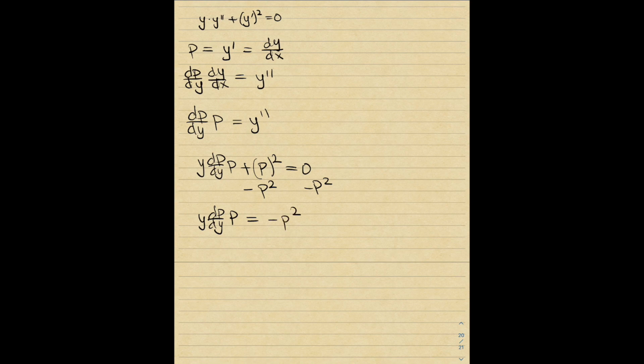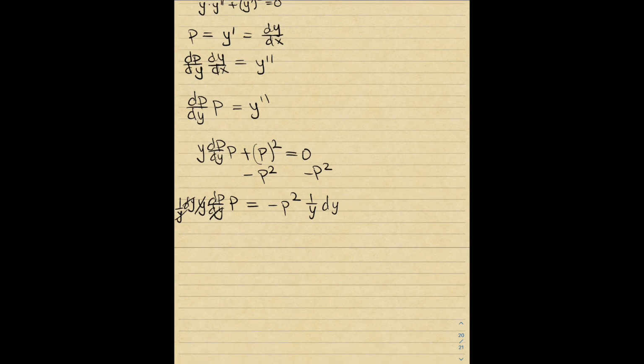We're going to multiply 1 over y times dy on both sides, which will cancel the y and dy. So both these will cancel out. So we end up with, we're going to put p in the front this time, dp equal to negative p squared times 1 over y dy.